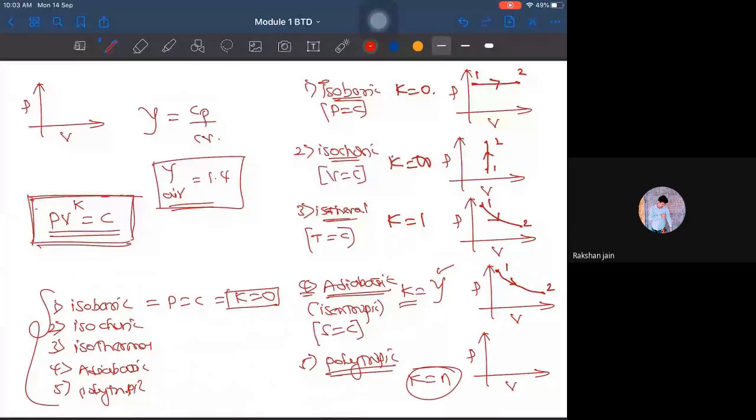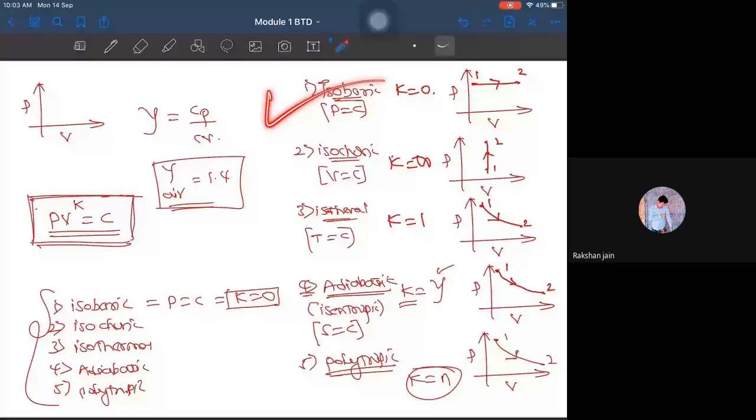Even the polytropic process is a curved line on a PV diagram. All these are curved lines: the isothermal, adiabatic and polytropic processes. So these are the 5 processes. Let us have a recap again. For the isobaric process, the pressure is constant and the value of K is 0.